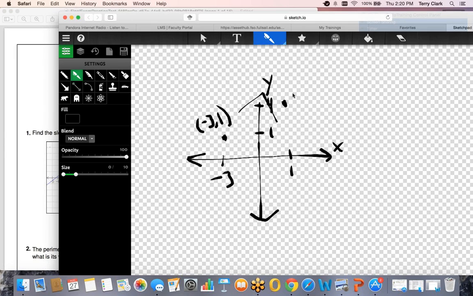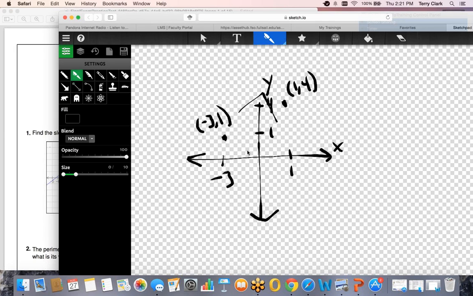And then here, this is where we're getting the 1 for x and the 4 for y. So that's where those values are coming from.